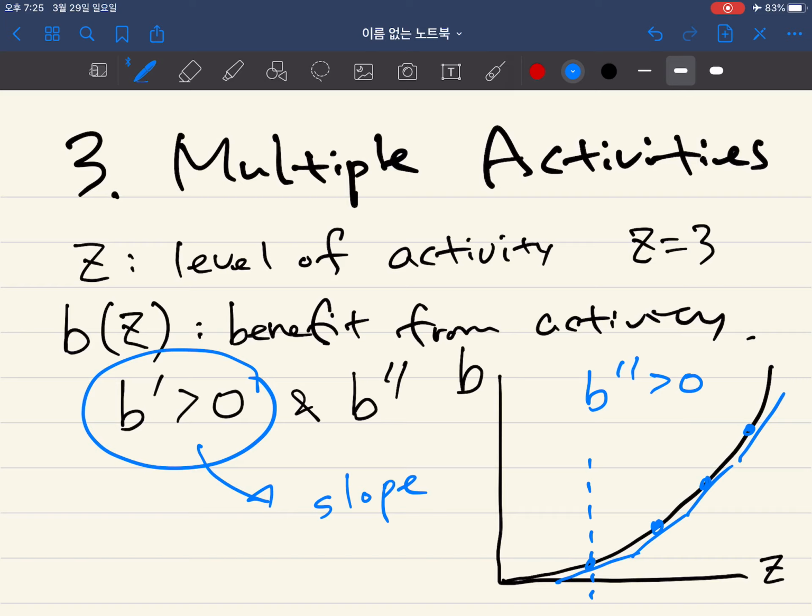So for the moment, you are eating just one hamburger, and you get one more hamburger. What happens to your utility? Goes up, right? So you are still hungry, so you eat one more hamburger, your utility or benefit from eating hamburger goes up.